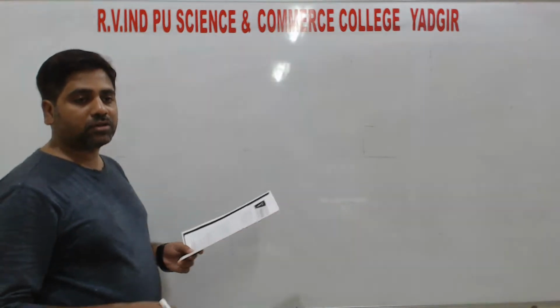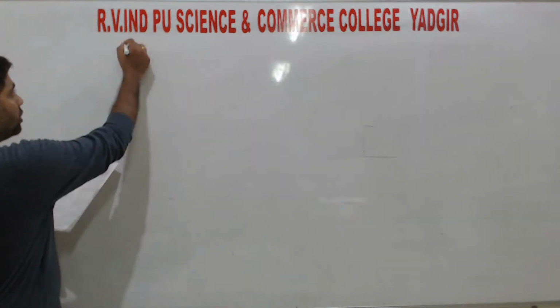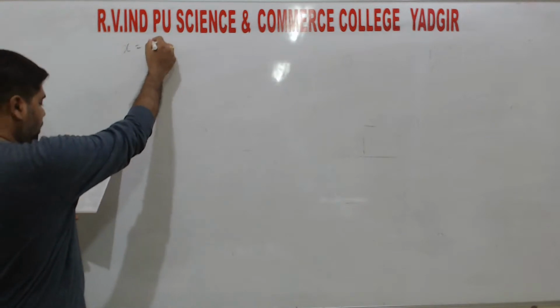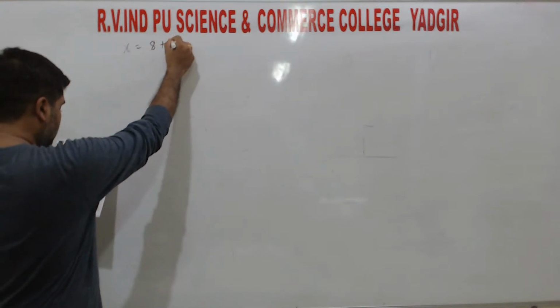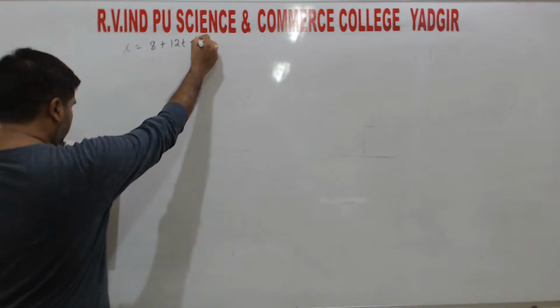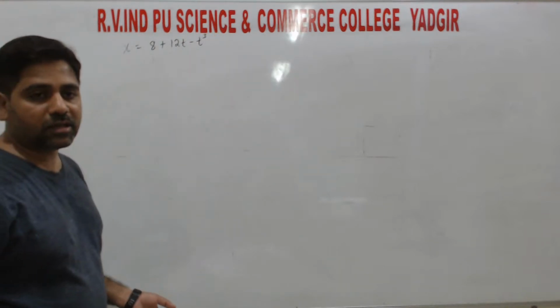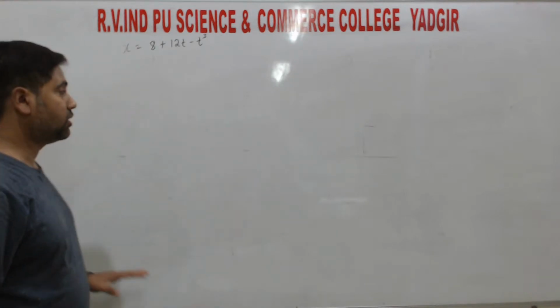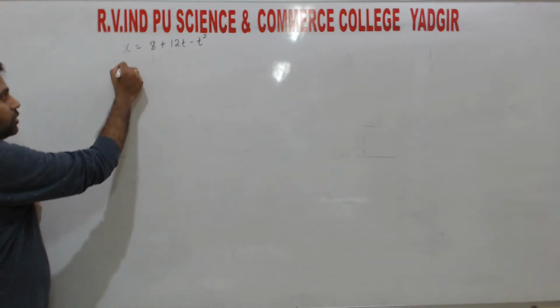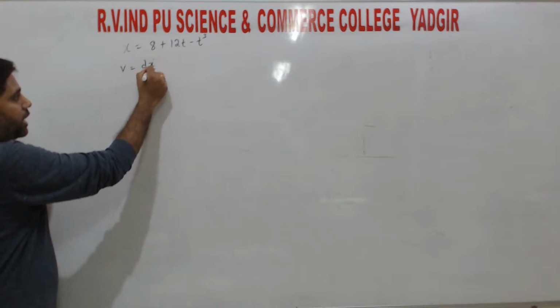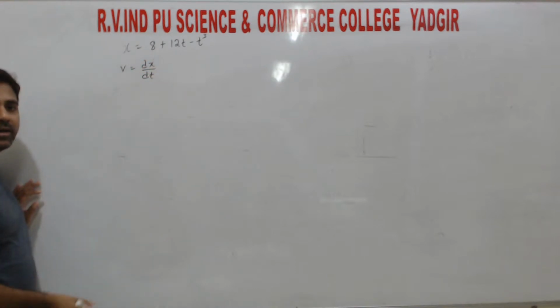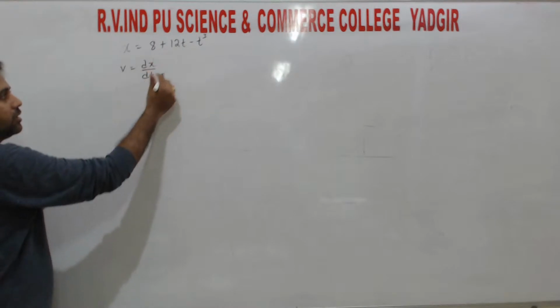That means its final velocity is 0, right? So the given displacement x is equal to 8 plus 12t minus t cube. Retardation means acceleration, that is negative acceleration. First we need to find the velocity. Velocity is dx by dt, right? That means we are going to differentiate this equation.